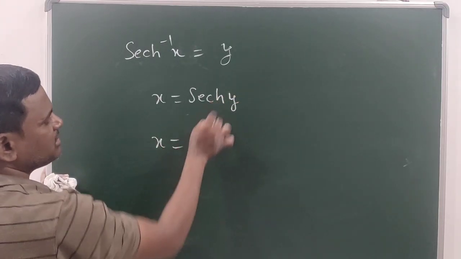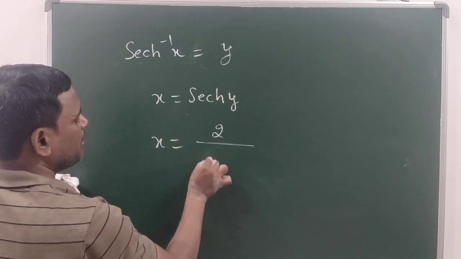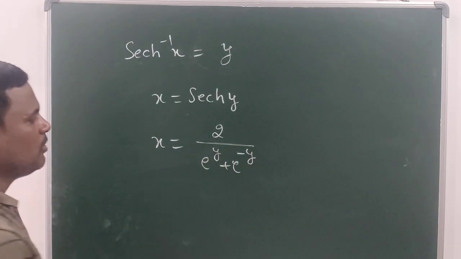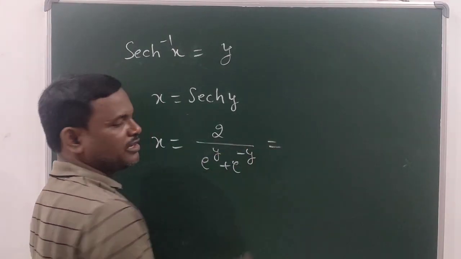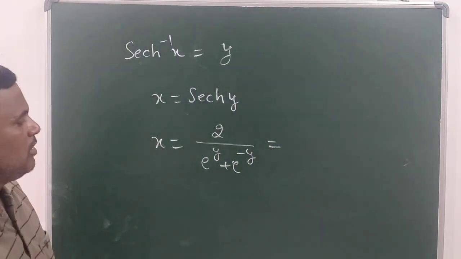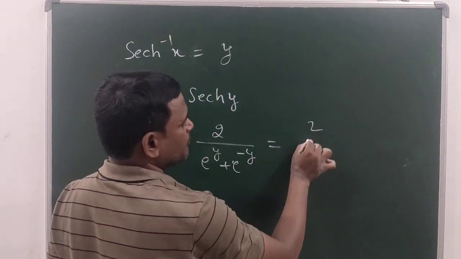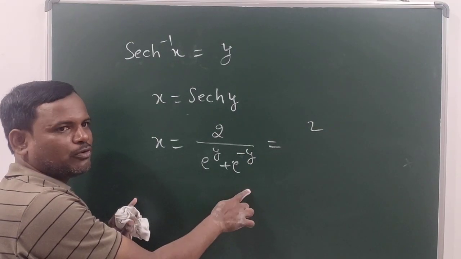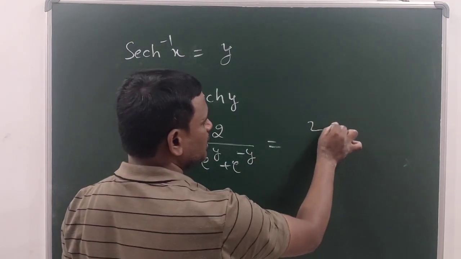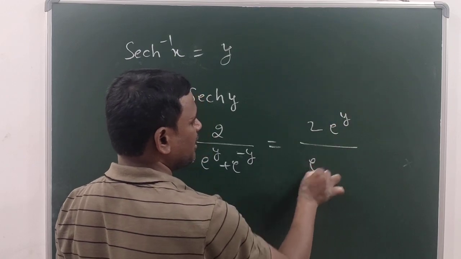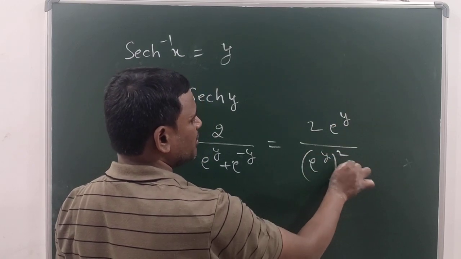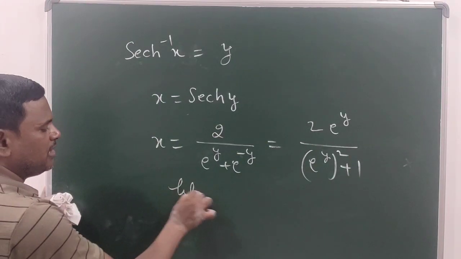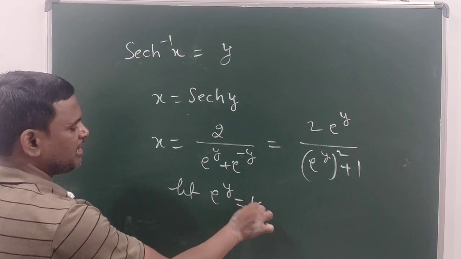Now what is the definition of sech y? 2 by e power y plus e power minus y. Okay, right. Now what do you get? Tell me, students. 2 by, if you simplify e power minus y, write as 1 by e power y. And in the simplification, e power y will go into the numerator, and here e power y whole square plus 1 you will get. So in the next step, consider e power y as k.